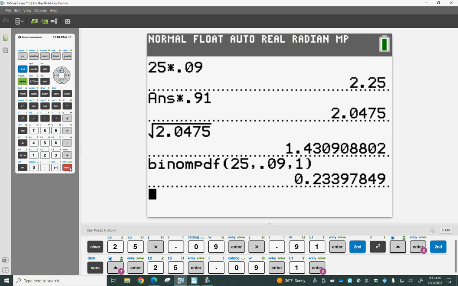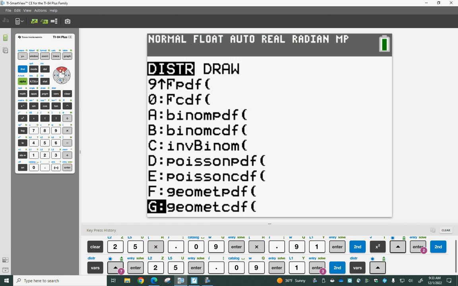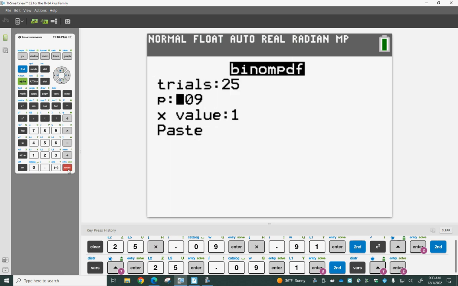And there we get 0.233978849. We'll round that later. Let's go and do this again. Second vars, binomial PDF. Let's change our x value now to 2 email messages.